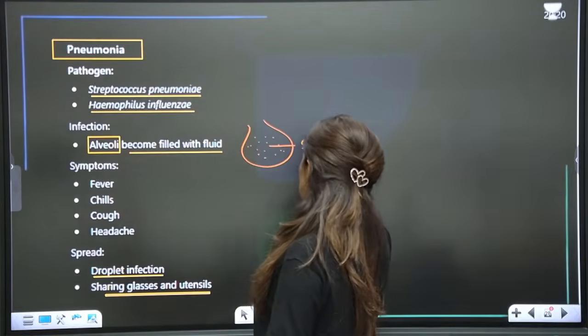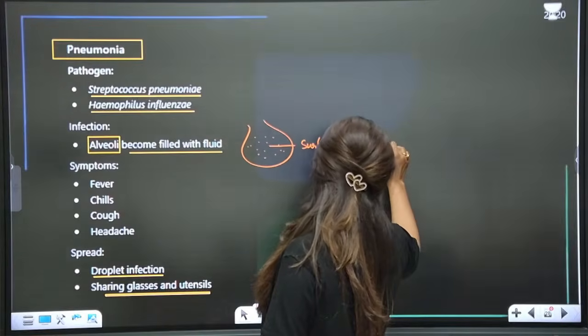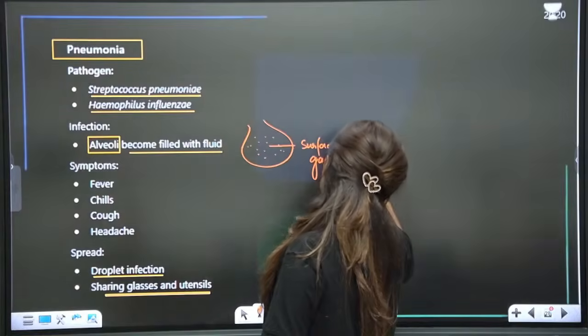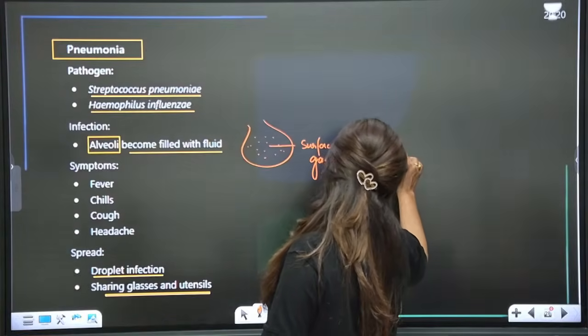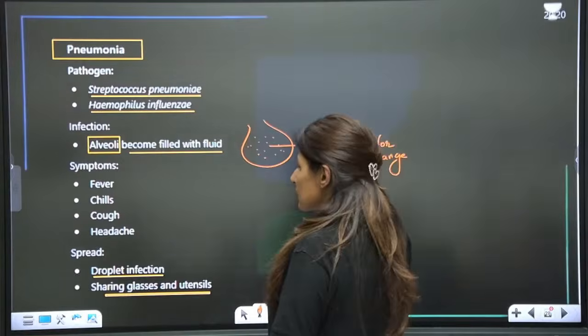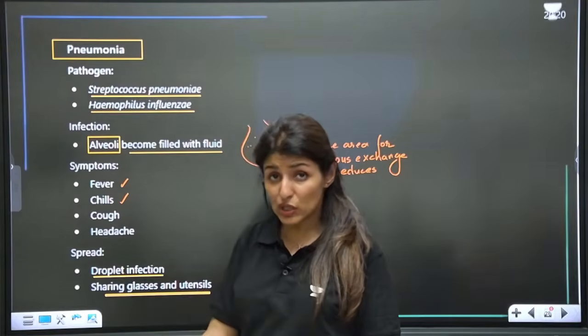So the surface area for gaseous exchange reduces. Is this clear? So there is difficulty in breathing, fever, chills, because gaseous exchange is not occurring.